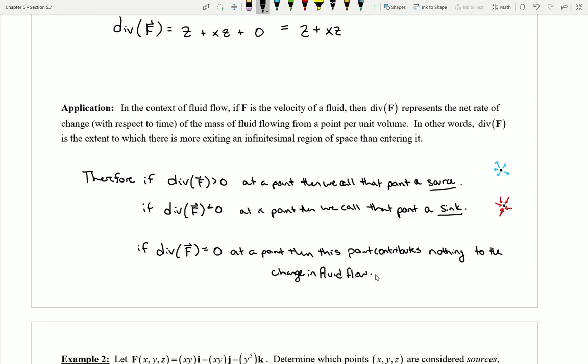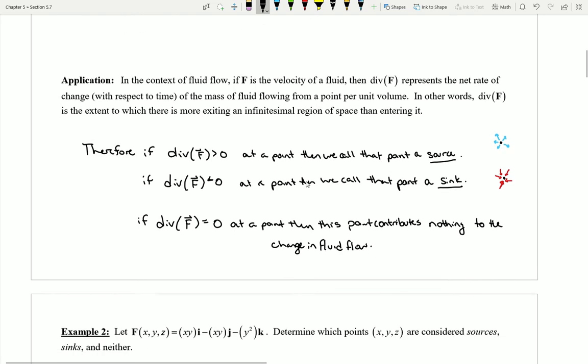If the divergence is 0, it means there's nothing exiting or entering that particular point. Liquid isn't being pushed away and it's not coming back in. So this is the purpose of the divergence.